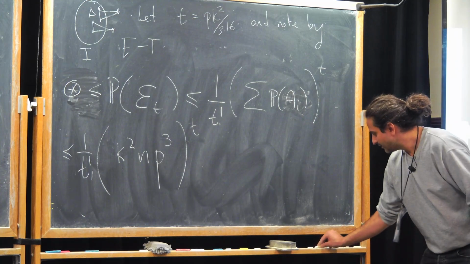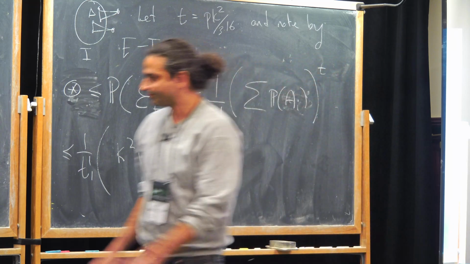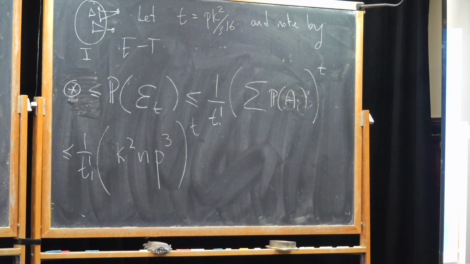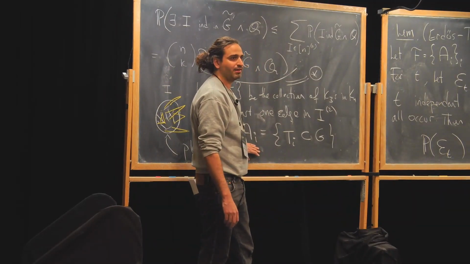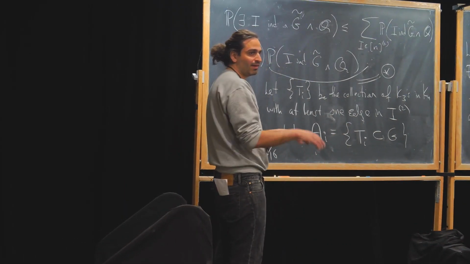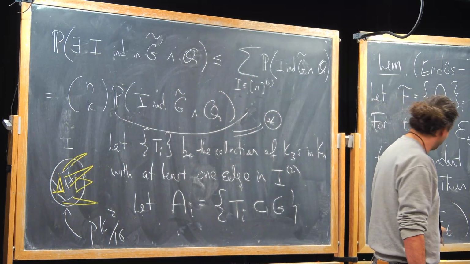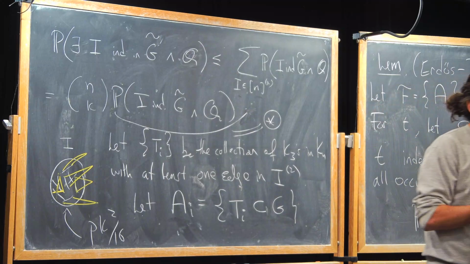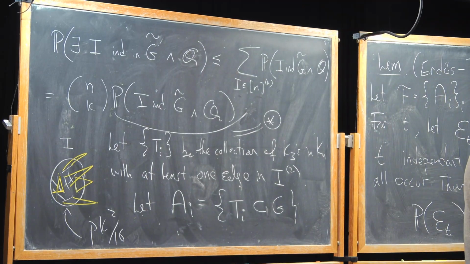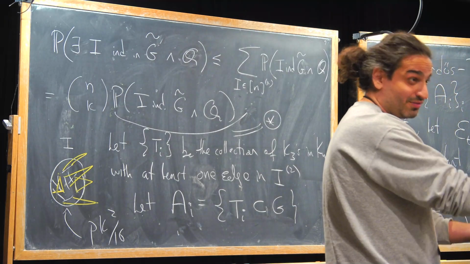Okay. Maybe someone has a question while I tie my shoe. Yeah, so this collection of A_i's here is all possible triangles that meet I. So they could intersect, but the special sauce is we're only interested in a bunch of triangles occurring that are all pairwise disjoint, because that's exactly this maximal collection of disjoint triangles.